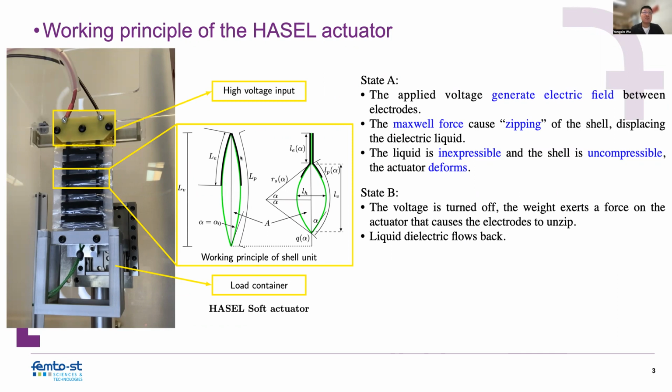When we apply the voltage on these two electrodes, it can generate the Maxwell force, which zips the shell and pushes the liquid, which generates the deformation of the actuator. Secondly, when we turn off the voltage, the actuator will go back to the initial position thanks to the gravity force.